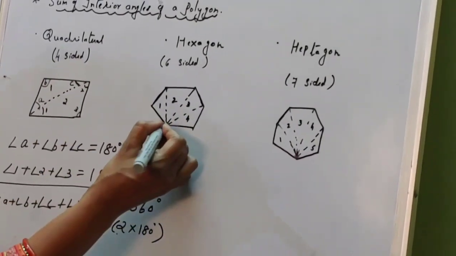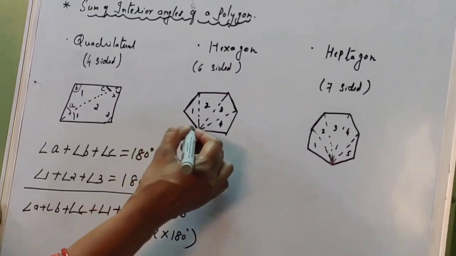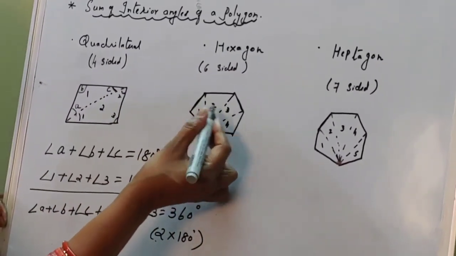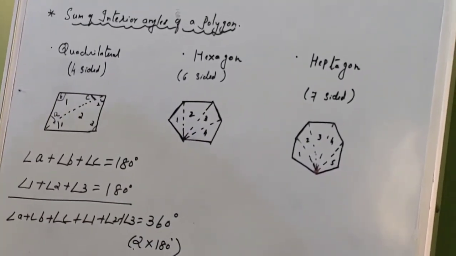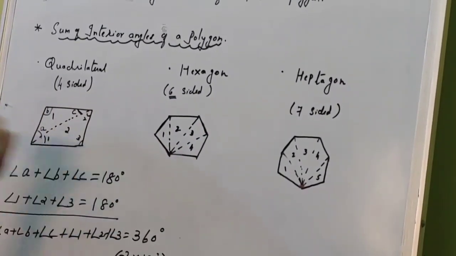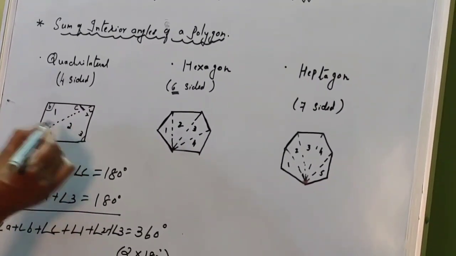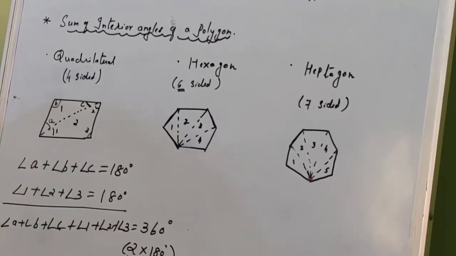Similarly, in this hexagon, which is a six-sided figure, you see that the diagonals are dividing it into four triangles, that is 2 less than the number of sides. In the quadrilateral also it has been divided into two triangles, that is 2 less than the number of sides.